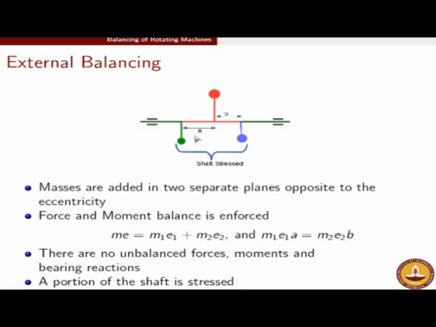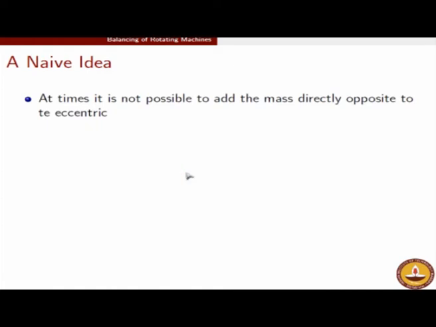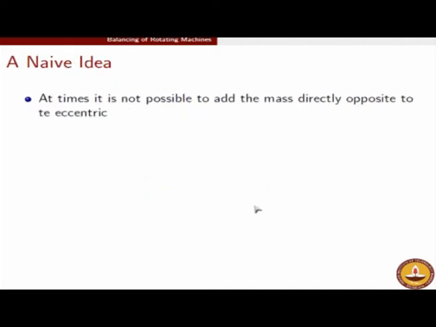In case of internal balancing, when you were able to balance it with one mass put directly opposite, even the shaft was not stressed, because there is absolutely no centrifugal force, no moment, nothing. The shaft is saved from any stress. So that is internal balancing.